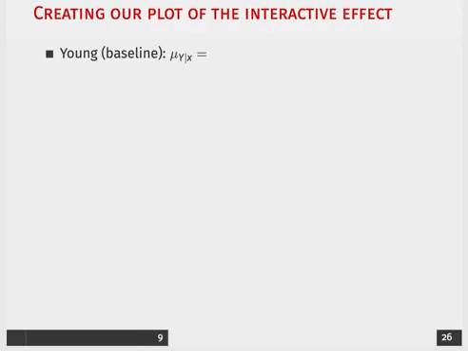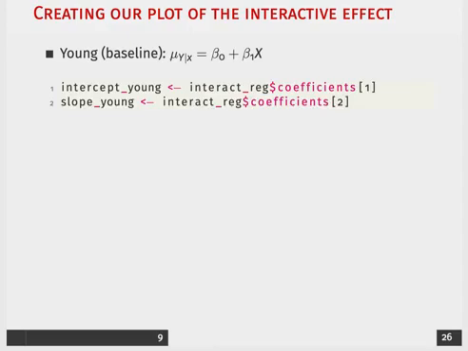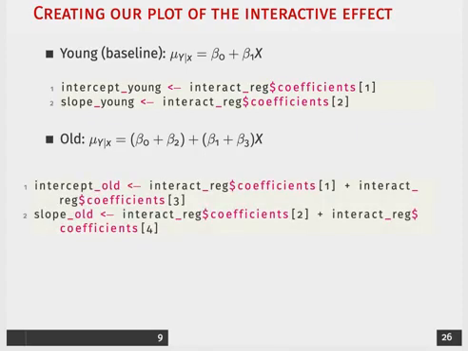When we do that for the younger individuals, the baseline category, we take the intercept, which is the first regression coefficient, as well as the slope, which is the second coefficient. For older individuals, we need to be a little bit more strategic, right? We look back at our equations to actually calculate the intercept and the slope.